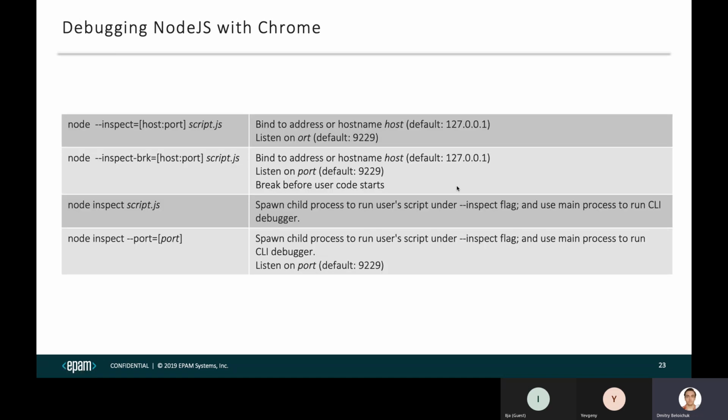There are a number of options available for those Chrome debugging experiences. Node inspect spawns a child process. It is similar to the inspect flag, where the main purpose is to run the CLI debugger.